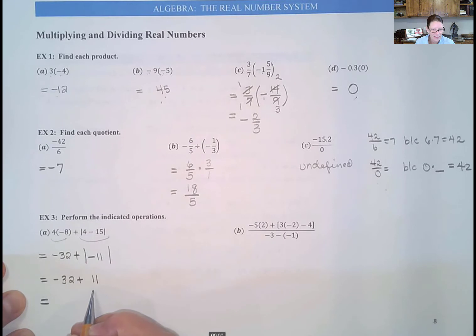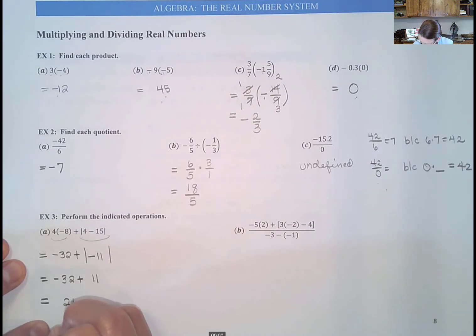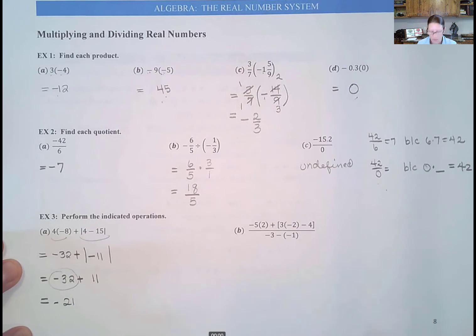If we add these differently signed numbers, we subtract them, really, in our heads, right? 32 minus 11 is 21, and we give that the negative symbol because negative 32 carries the weight. It's got a larger absolute value than 11.